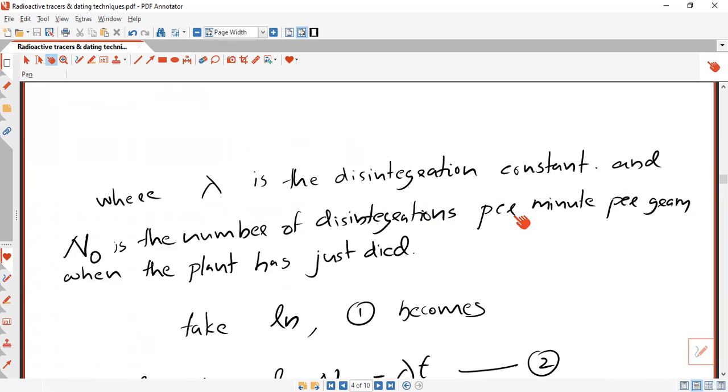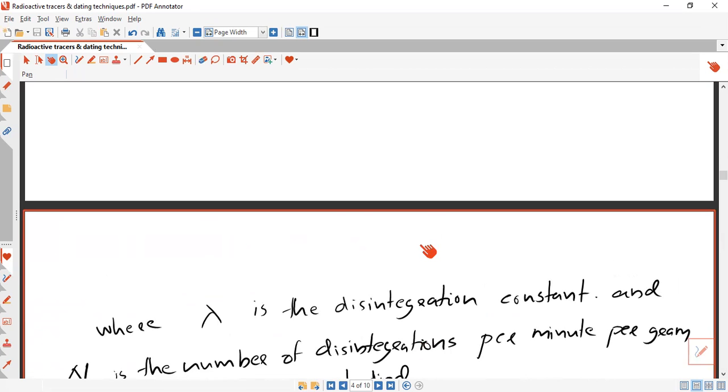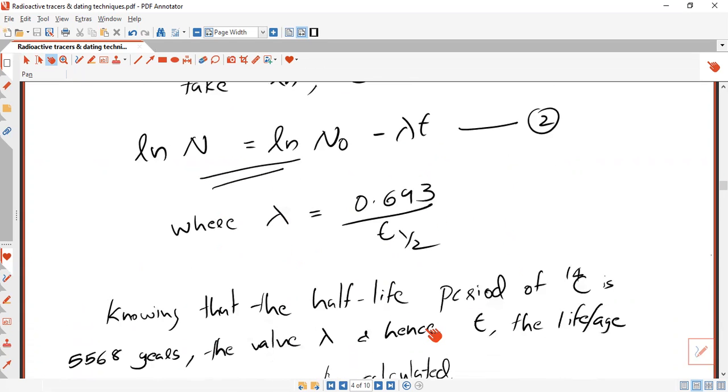Lambda is the disintegration constant, and N0 is the disintegration per gram just at death. Take the log of this equation: ln N is equal to ln N0 minus lambda T. Our aim is to find T, the time in years. So we need to find lambda. Here T half is given, and the relation between lambda and T half is lambda equal to 0.693 by T half.